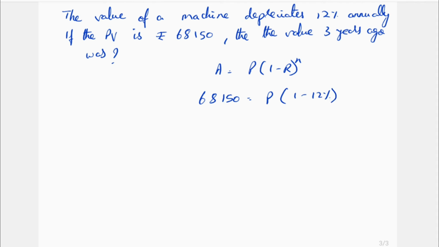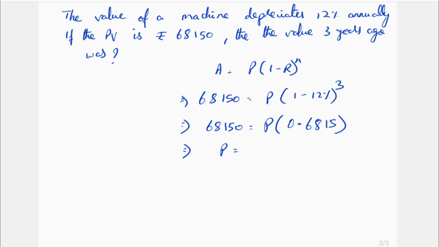Annually it is depreciating at 12%, so 1 minus 12% whole raised to the power of 3 years. So this gives me 68,150 equal to principal multiplied by 0.6815. This is approximate, rounded off to 4 digits.